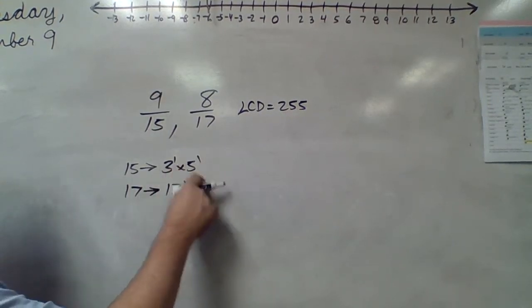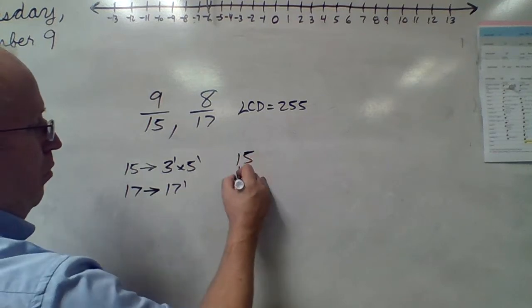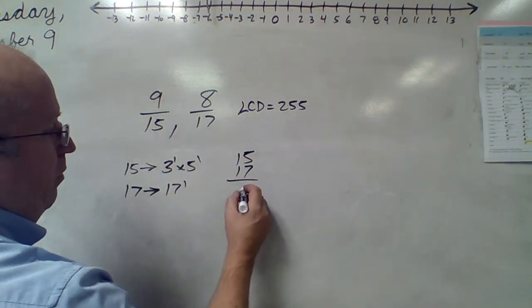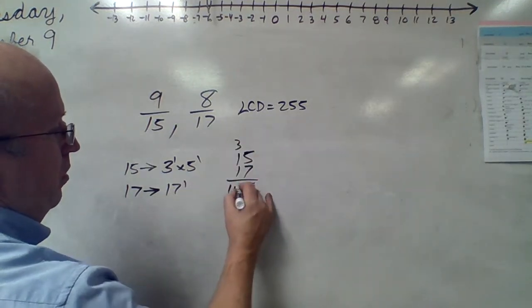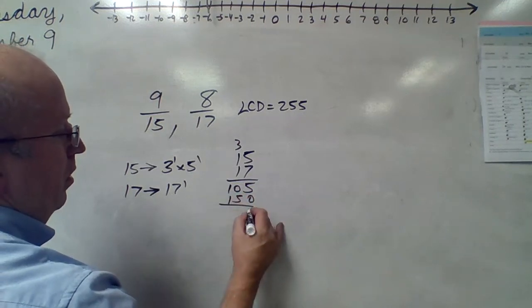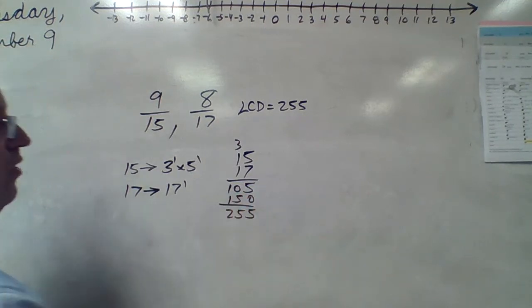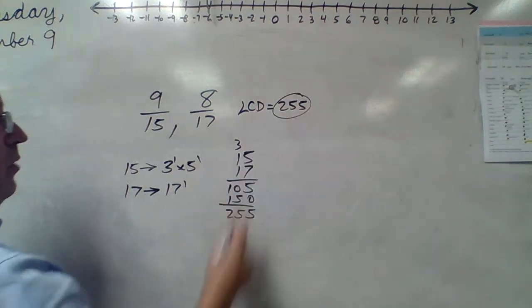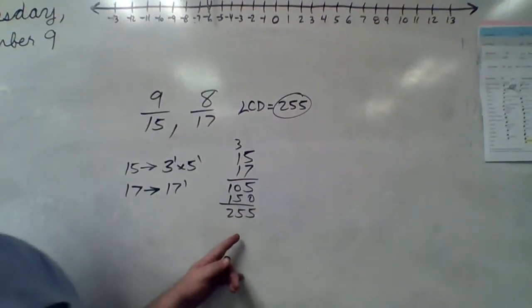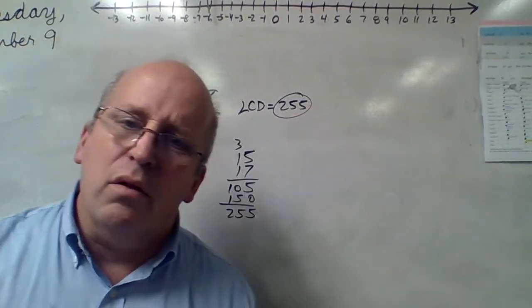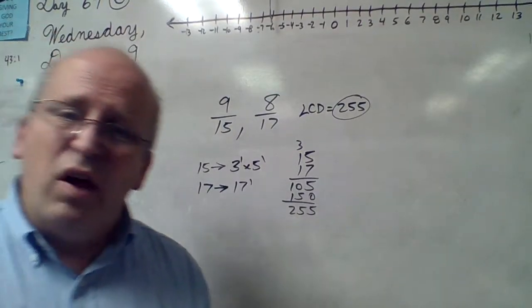If I multiply all these numbers together, I wonder what I get. 15 times 17, hey, I get 255. And it seemed to go a lot faster, this method, didn't it? That's why we do the two methods, because sometimes one method's faster than the other.